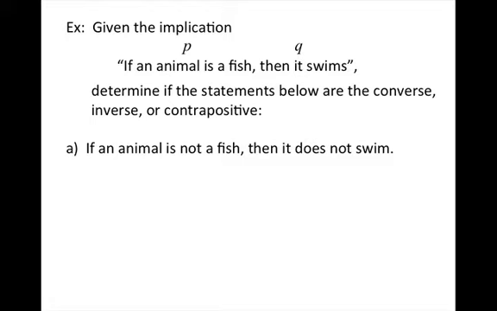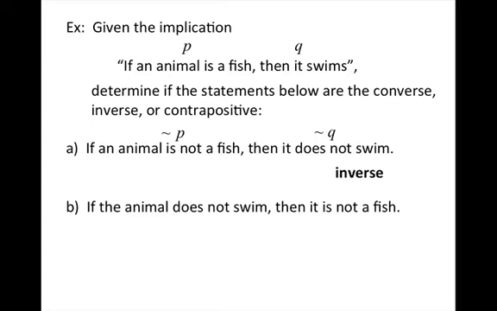That's the negation of P, so that's not P. The second part says it does not swim. Well, it swims was our Q, so it does not swim would be not Q. So this statement is not P implies not Q. So I've negated each part of the original implication, so this is the inverse.